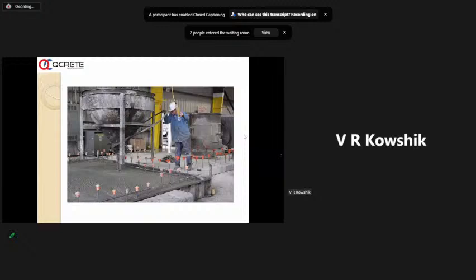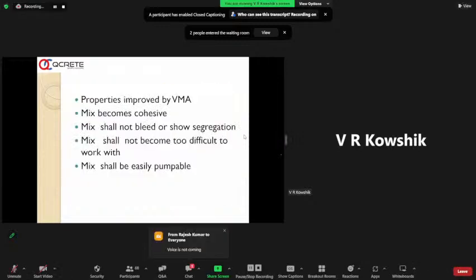So now with modern VMAs, a very thick, cohesive mix without segregation has come into the picture. Earlier there was stickiness in the concrete mix. The mix used to stick to the concrete pump and concrete mixer and settle down.